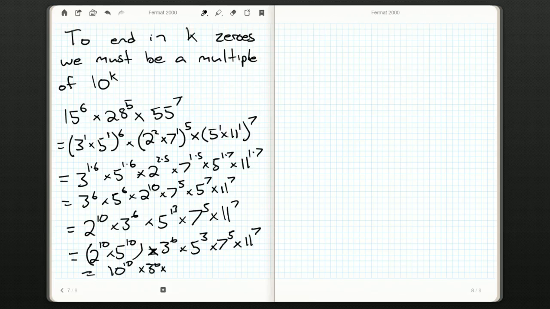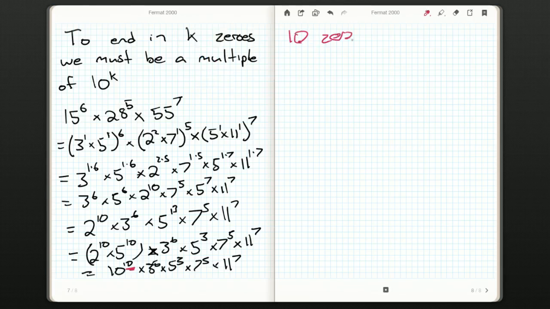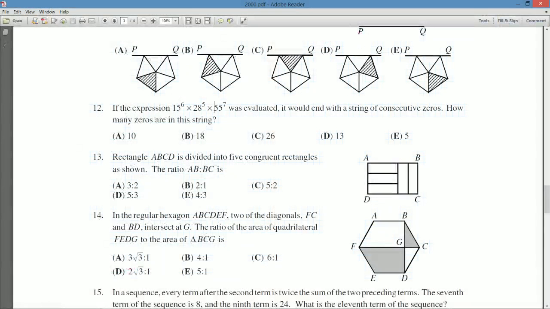And that means we're going to have 10 zeros. 10 zeros, and hopefully that's one of our answers.